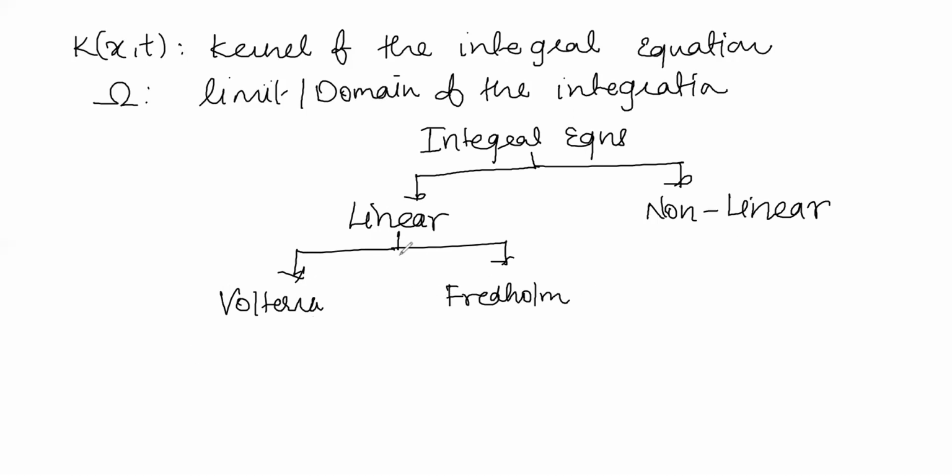So when would I say that an integral equation is linear? Let me write down the definition here. Those who have studied even basic algebra must be able to tell this.